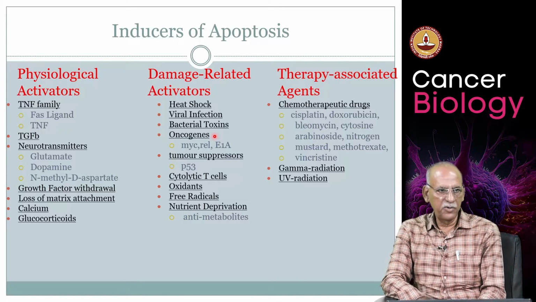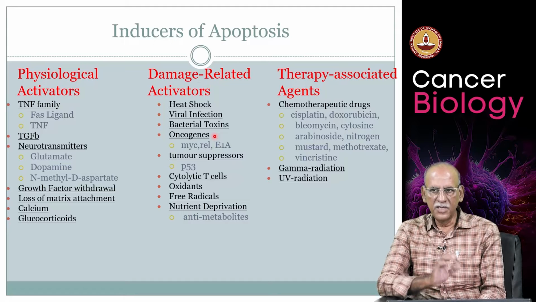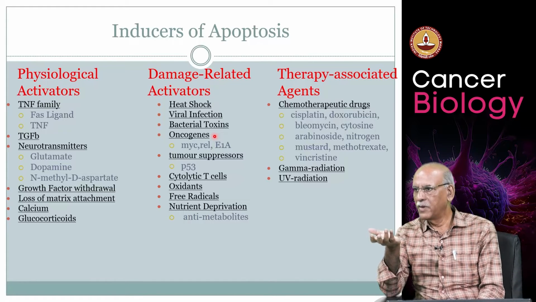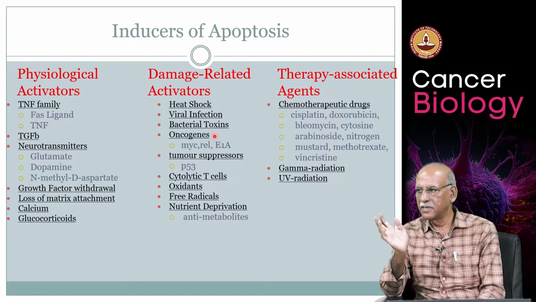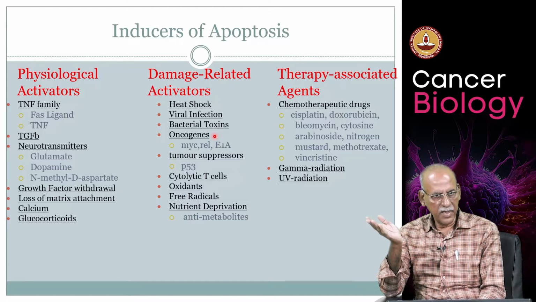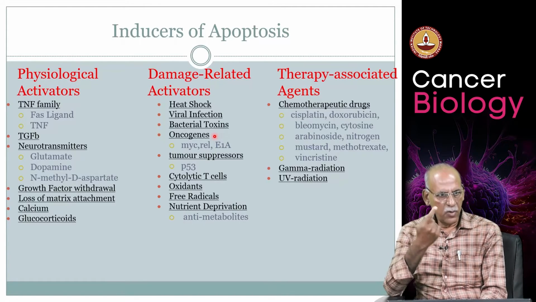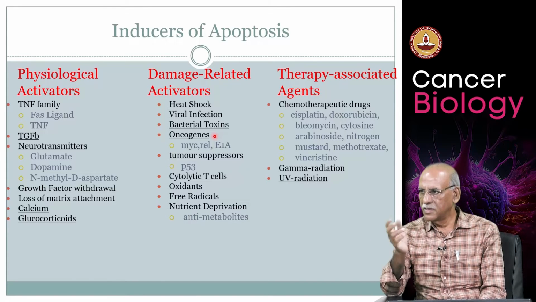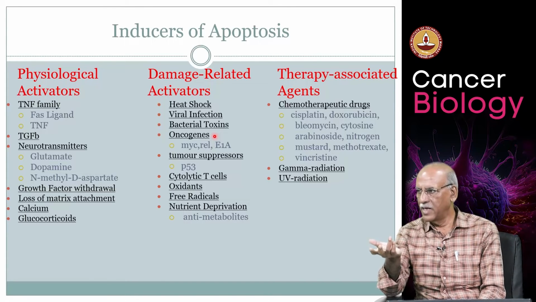I already told you about this, if you remember. Oncogenes are growth promoting genes. Normally, when you transfect them, you expect a cellular proliferation. Yes, that is correct, provided they have some cooperative oncogenes. I also told you about that. For a normal cell to be transformed into a cancer cell, it is not that one oncogene, you need the cooperation of 2-3 oncogenes so that they will be ultimately converted into cancer cells.